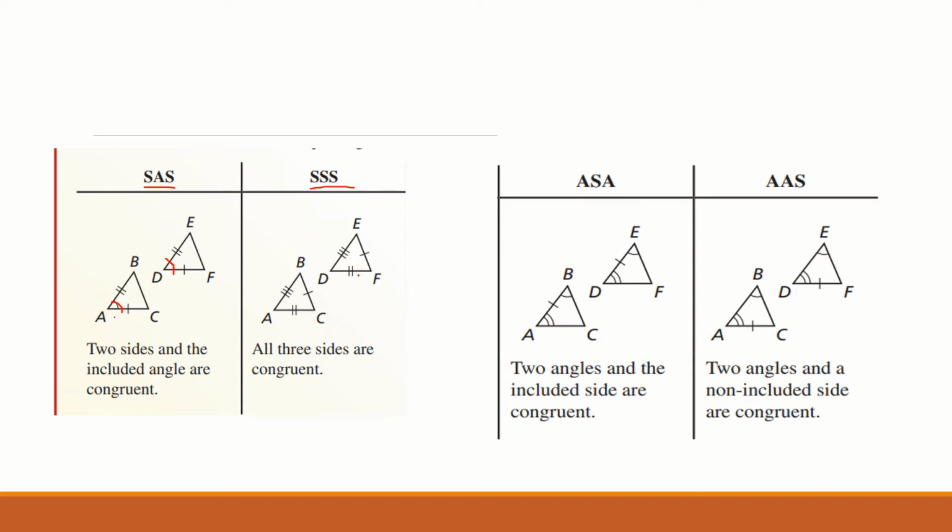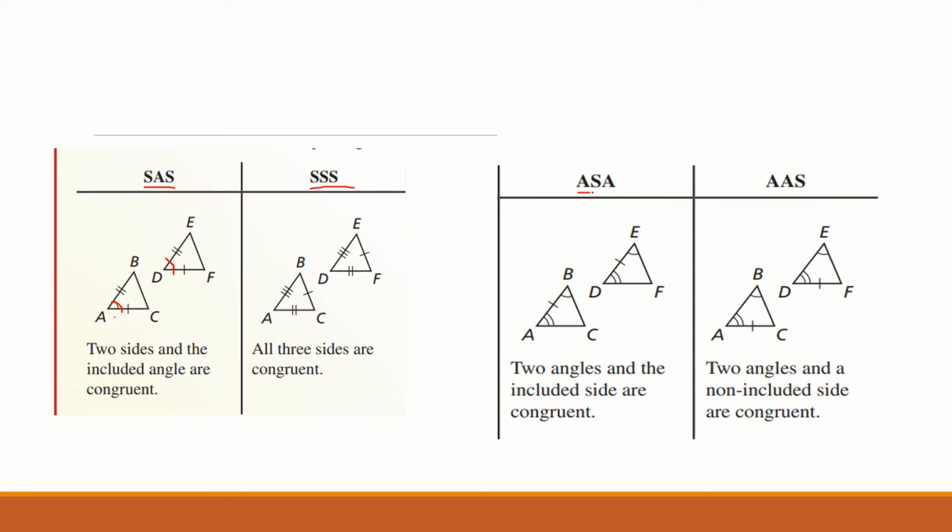Since the three sides of the two triangles are congruent, the two triangles are congruent. Anyway, we need at least three parts of the two triangles to be congruent in order to say that the two triangles are congruent. Kailangan tatlong corresponding parts ng dalawang triangles ang congruent para masabi na yung dalawang triangles ay congruent.